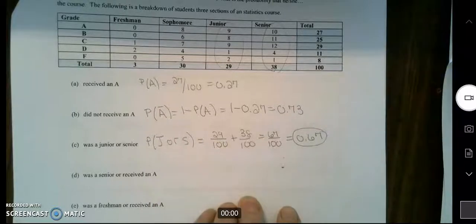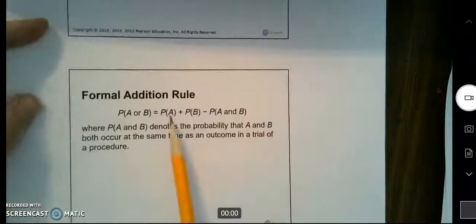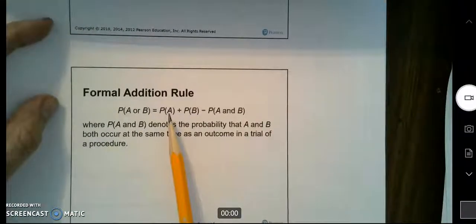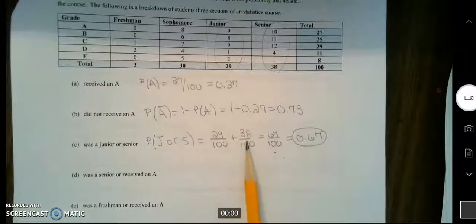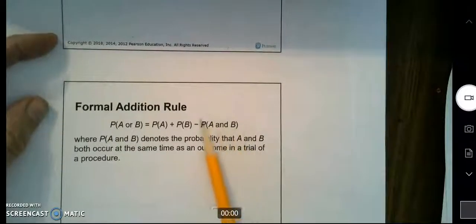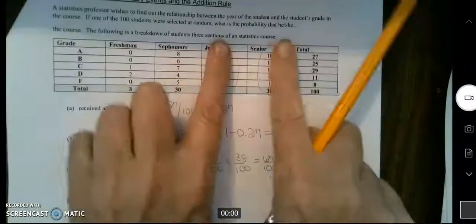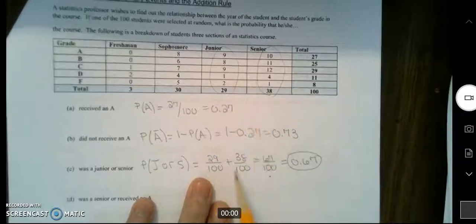If we do it using the formula, which again I don't prefer, you would take the probability of a junior plus the probability of a senior, which is actually right here. Here's a junior, here's a senior. And then you subtract what they have in common. In this case, they don't have anything in common, so you wouldn't subtract anything. There's no overlap.